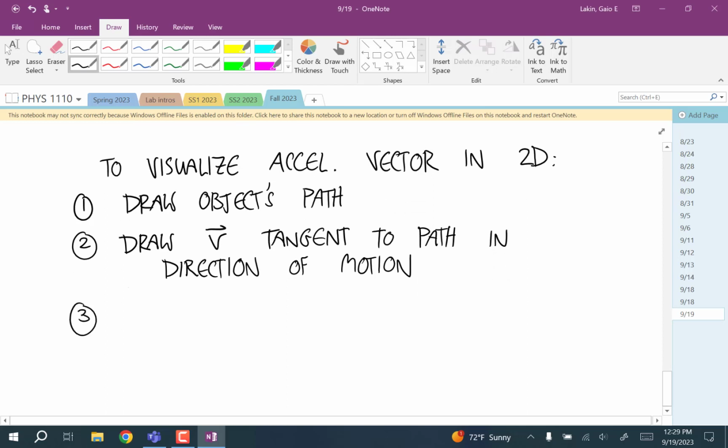Third, draw the a-parallel vector based on whether the object's speeding up or slowing down.